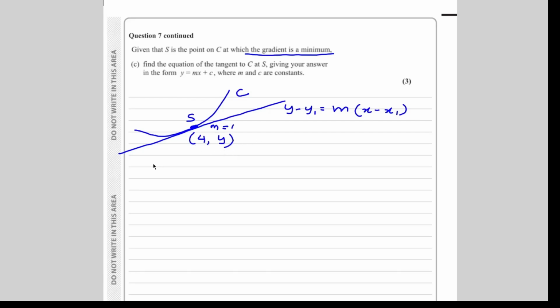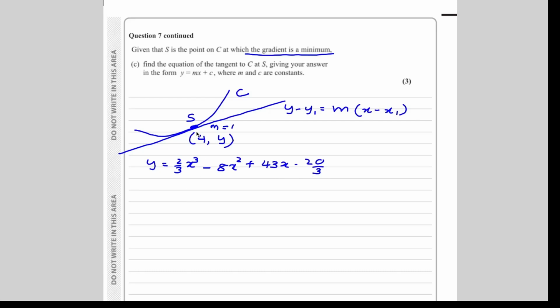Then by using the equation of the curve, y equals 2 over 3 x cubed minus 8x squared plus 43x minus 20 over 3, which is given in the question.